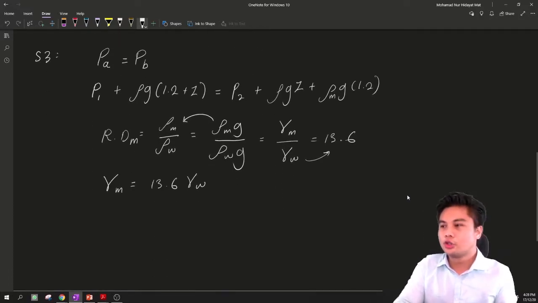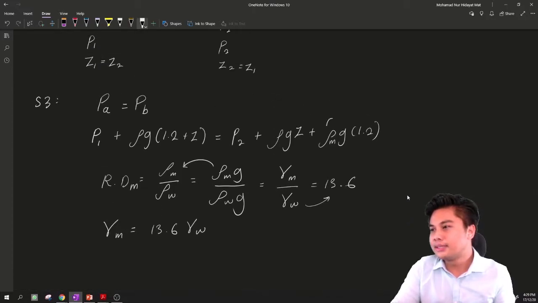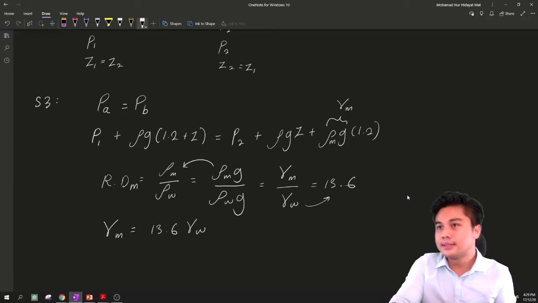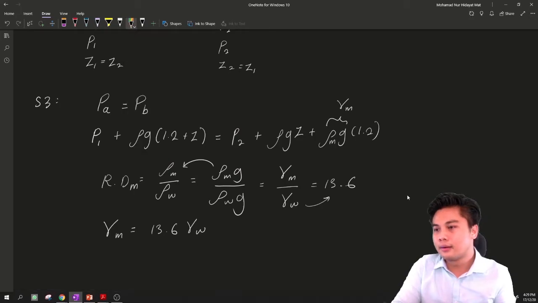So rho G here is gamma of mercury, and we can replace this part with this one.